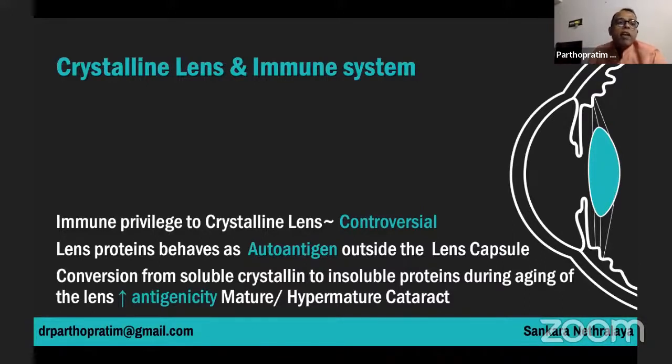This property of antigenicity increases in mature and hypermature cataract and is attributed to the conversion of the soluble crystalline protein into the insoluble protein.